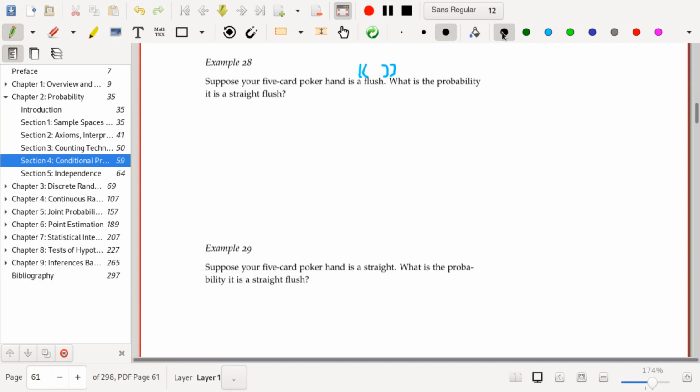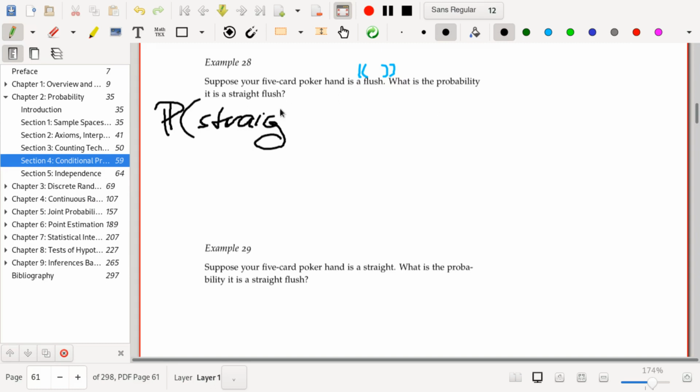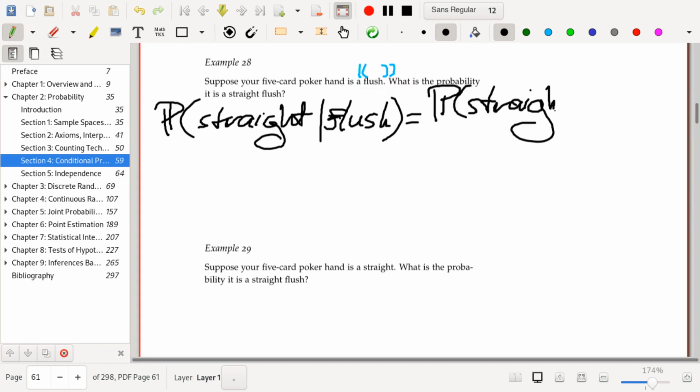So this is going to be the probability of a straight given a flush, which is going to be the probability of a straight flush divided by the probability of a flush.